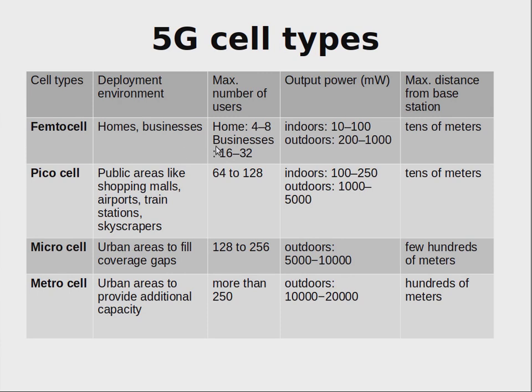You can use it only somewhere in an office where you can clearly see these devices. Then there is the picocell, where it does not bounce around walls and goes through the walls a little bit better, so you can use it for tens of meters. And then microcells and macrocells are approximately the same as for up to 4G networks. They can go through walls and around smaller obstacles, so they are used for larger distances.